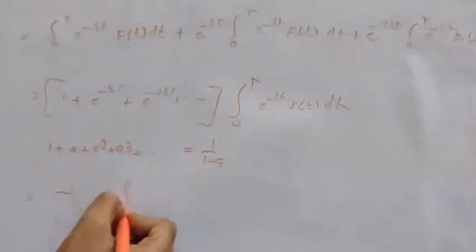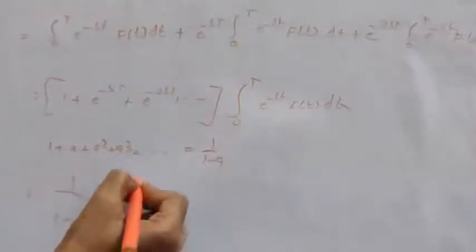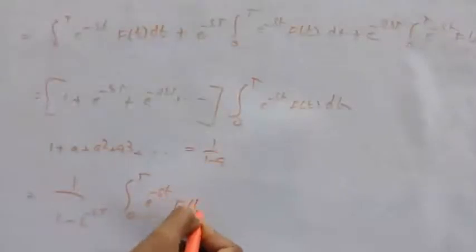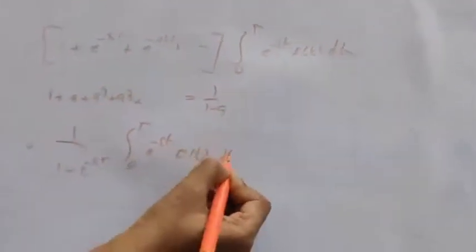So the whole can be written as 1 by 1 minus e power minus sT, times integral 0 to T of e power minus st f of t dt.